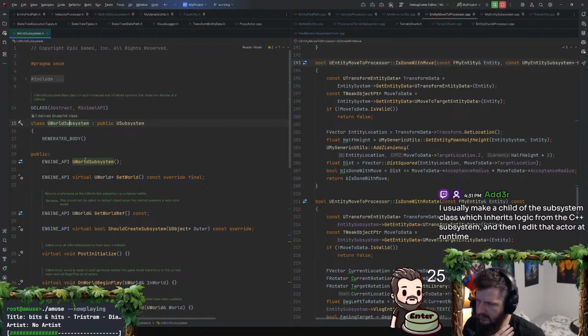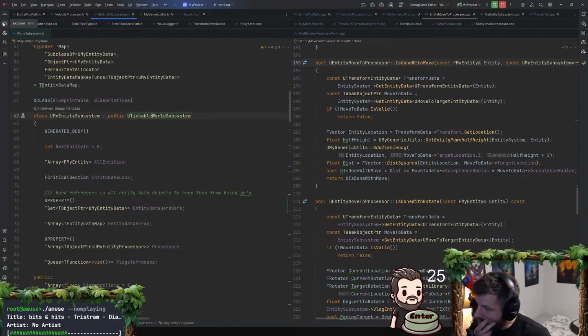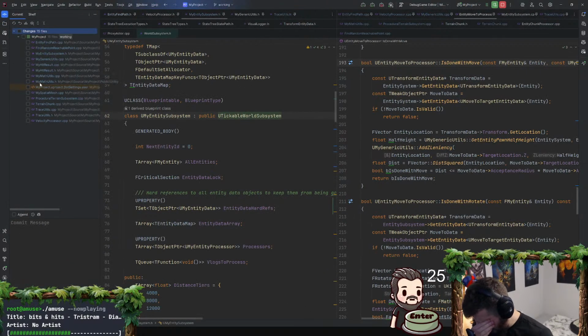You can extend anything in C++. Okay, so I get what you're saying. You just add the subsystem onto the actor. Okay, yeah, I can do that.